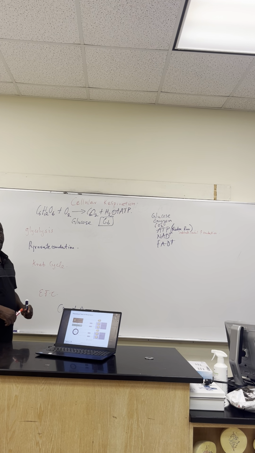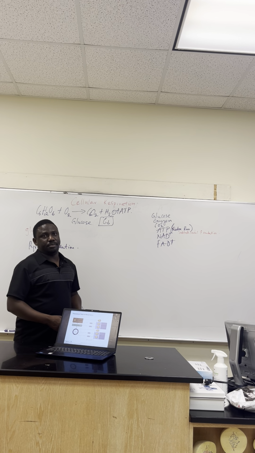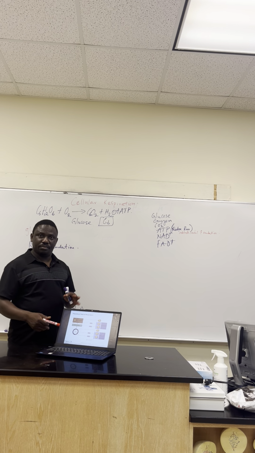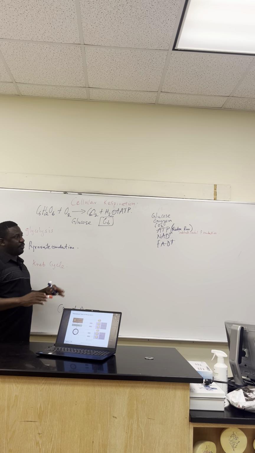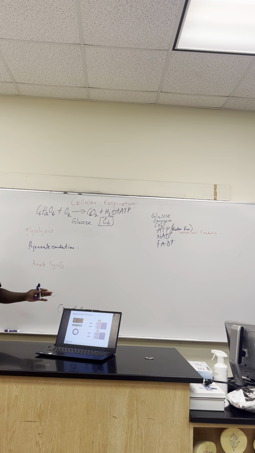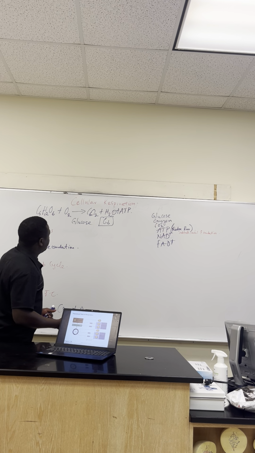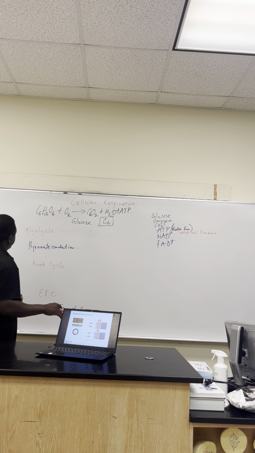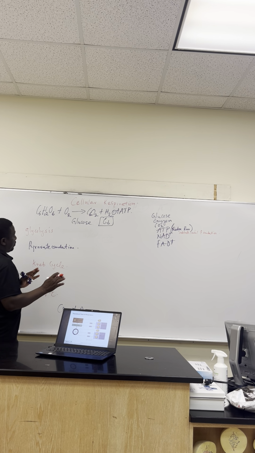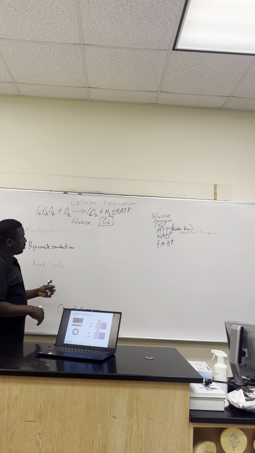You're going to see in a minute that glycolysis does not involve oxygen. It can just proceed by itself, and yet it produces ATP. We're going to talk about fermentation and other forms of anaerobic processes. But the later steps involve oxygen. We're going to get into that in a minute.